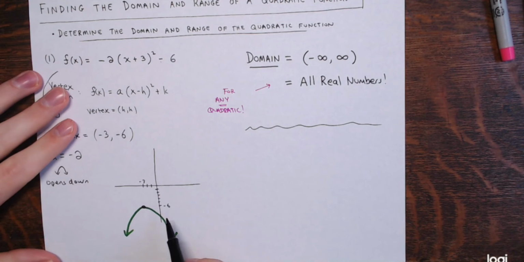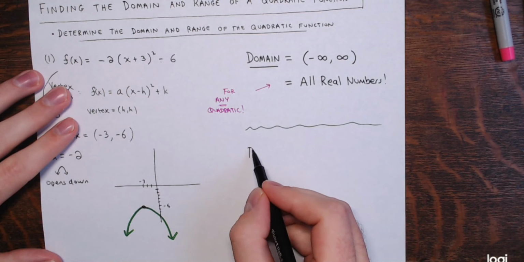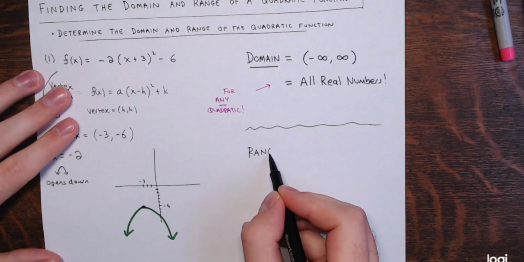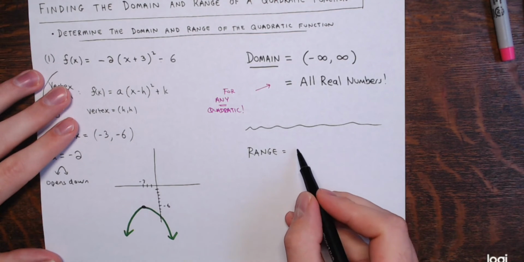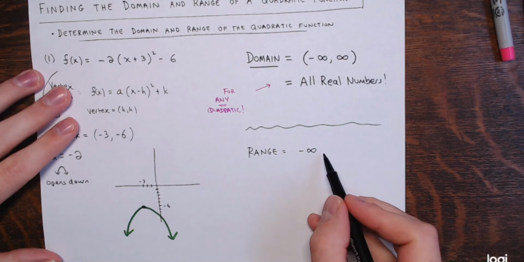Do you see the range is all the values on the y-axis, all the outputs, from -6 downward. But if you're writing in interval notation, remember you go from bottom up. So the range for this particular problem is all the values from negative infinity on the y-axis up until -6.